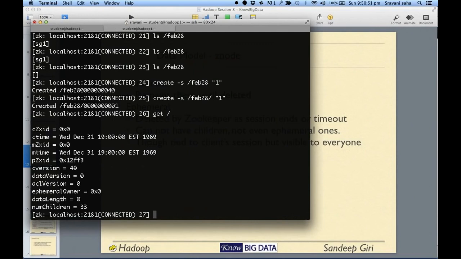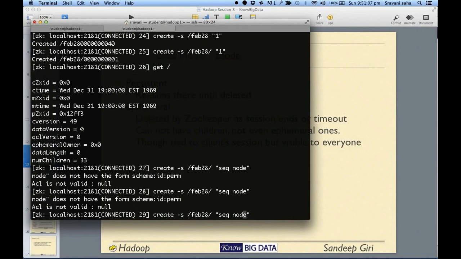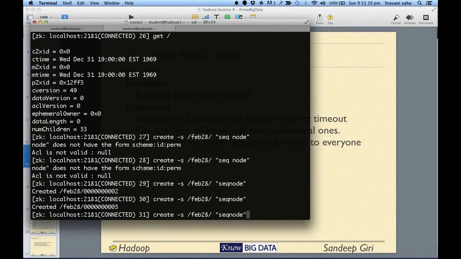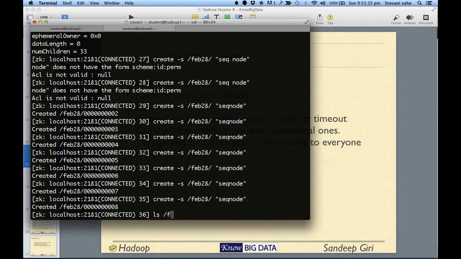All right. Now here we can see it. If we create one more sequential node, and keep creating nodes, they are all in a sequence.